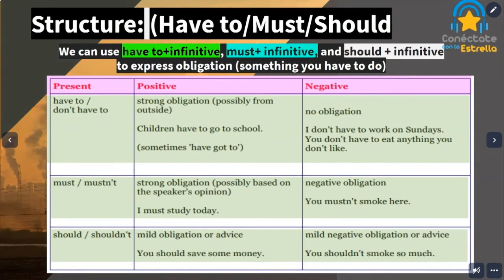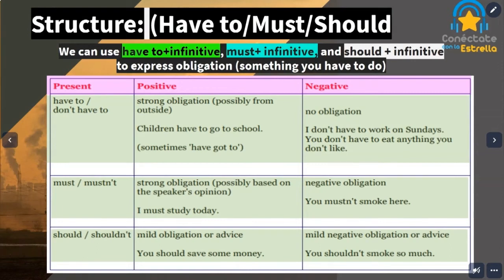In this case, we are expressing a strong obligation, and in negative ways, it's the opposite. Look at the examples. Children have to go to school. It's something that has to be done. And in negative, no obligation: I don't have to work on Sundays. So you don't have to eat anything you don't like.